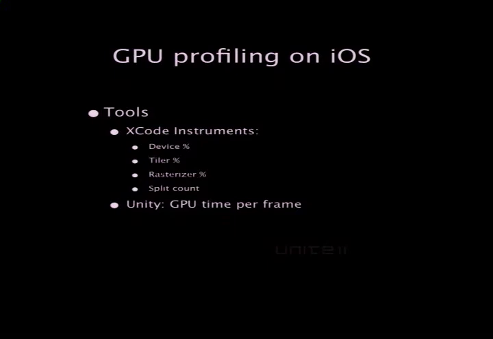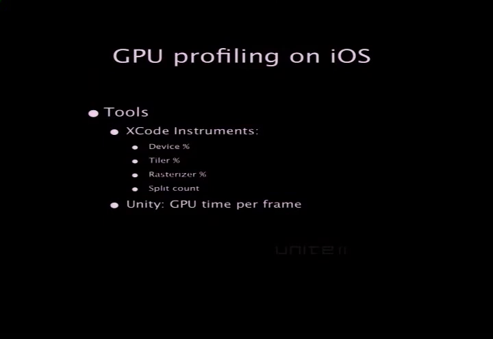So device, that actually means GPU. It shows you how much work is done on the GPU side during the frame. If you have a device at 99% or 100%, that means that you are completely GPU bound. That it's the blocker.